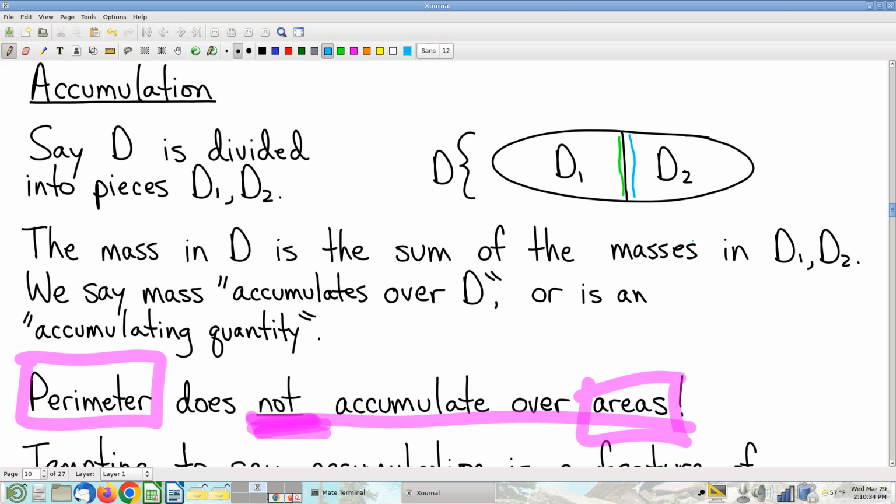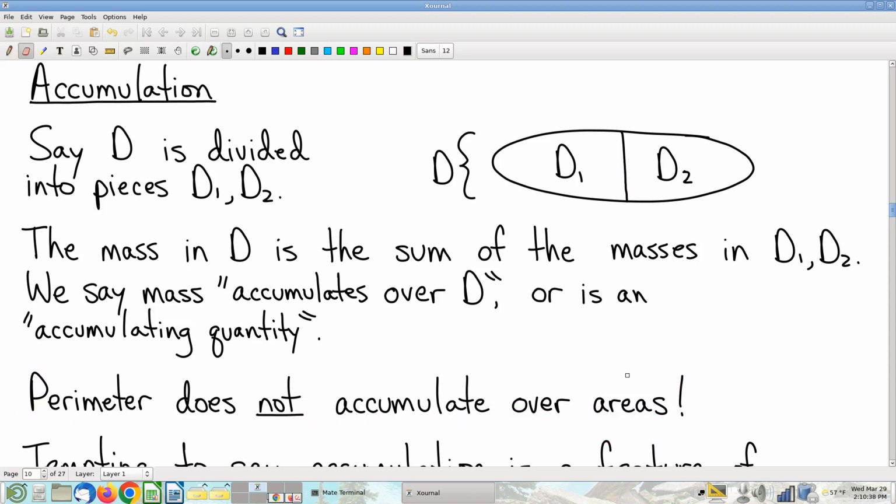So, not everything is an accumulating quantity. Real quick, I want to emphasize, I'm thinking of accumulation over areas here, by which I mean it's the areas that I'm chopping up into pieces. That means that it's for a given area that we talk about the perimeter.